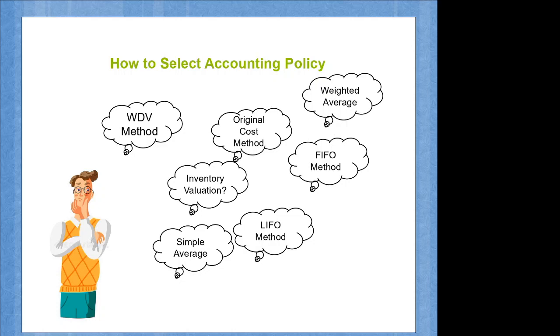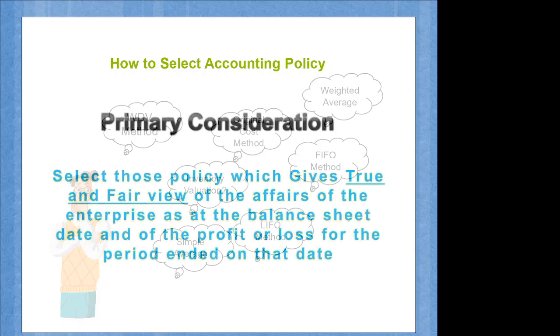Say for example, when we want to charge depreciation, there are different methods of charging depreciation like original cost method, written down value method, or when we want to value the inventory, it may be under first in first out, that is FIFO method, or last in first out, that is LIFO method, or it may be simple average or weighted average. So how do I decide which accounting policy should I select? That is a question.